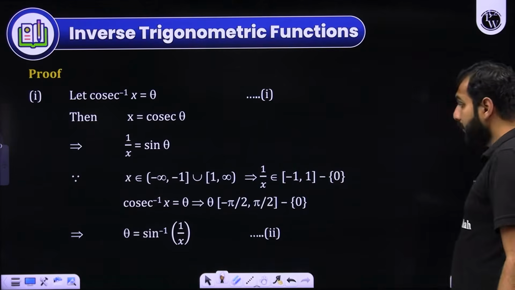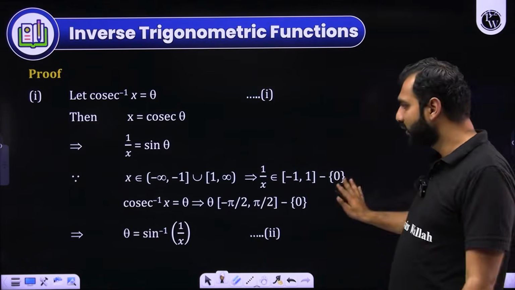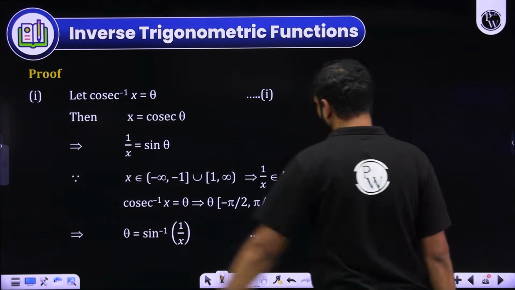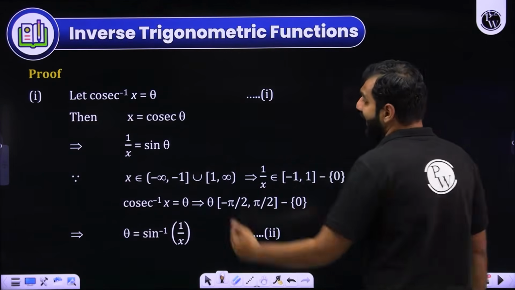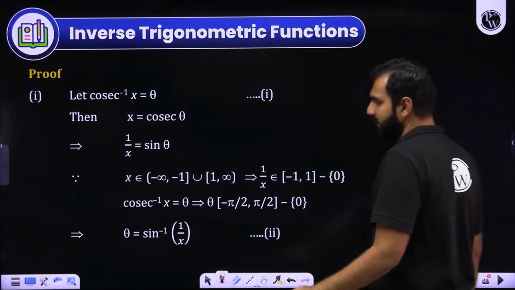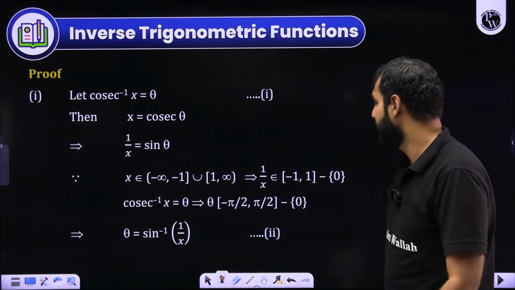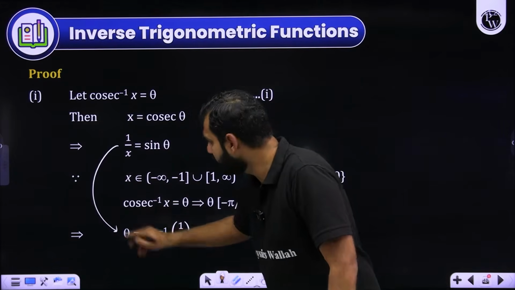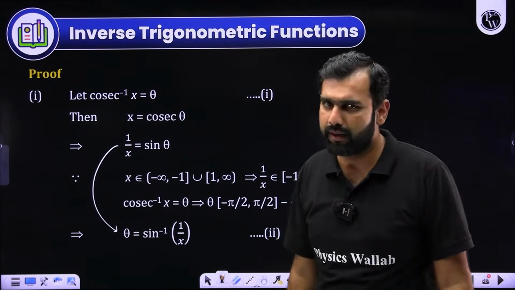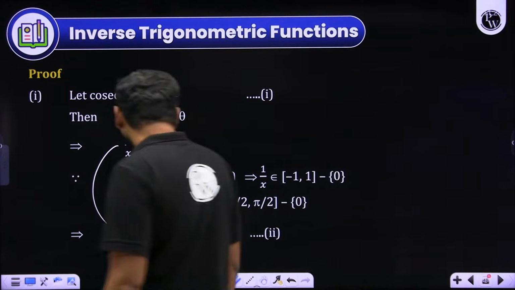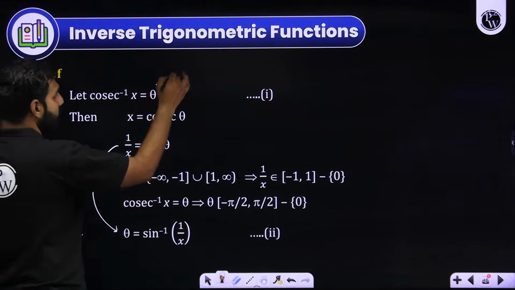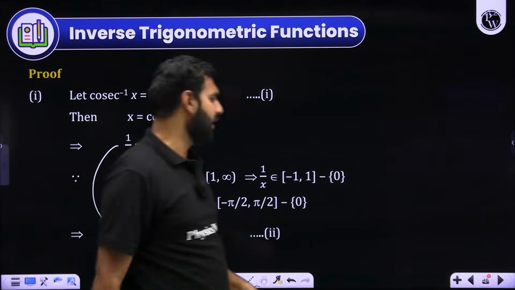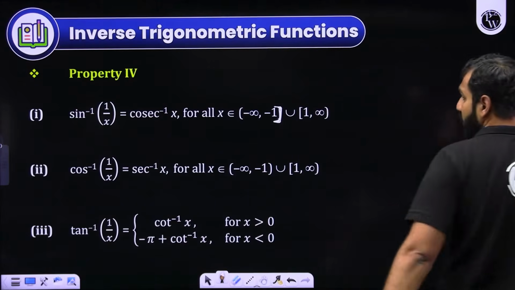So if 1 by x is from minus 1 to 1, excluding 0, I can take its inverse there, which means theta can be written as sine inverse of 1 by x. I hope there is no confusion in writing this particular result. Did you get that part? What does it mean? It means that theta, which was cosec inverse x, can now be written as sine inverse of 1 by x.